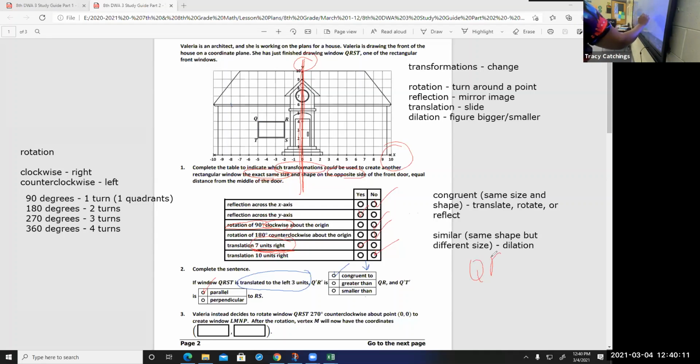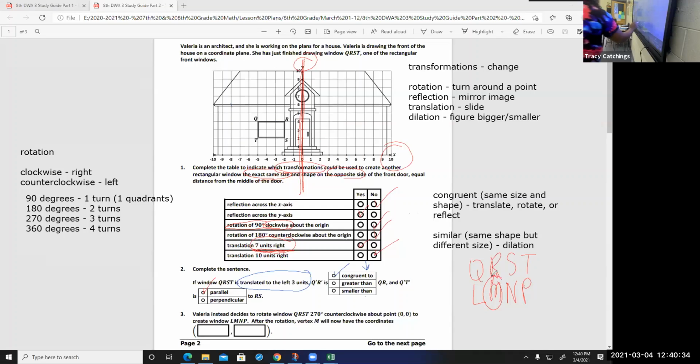All right, so they gave us QRST, and the new rectangle will be LMNP. So M is going to correspond to what side? Right above it, R. So QRST in that one is going to be the same as LMNP.